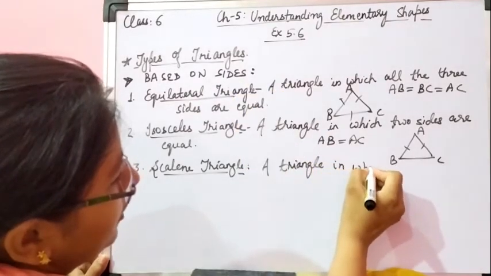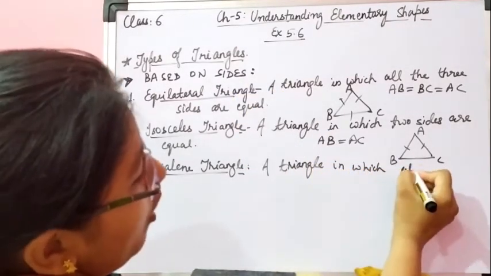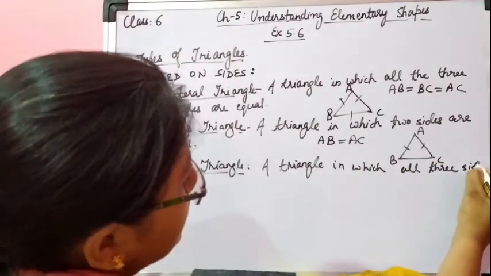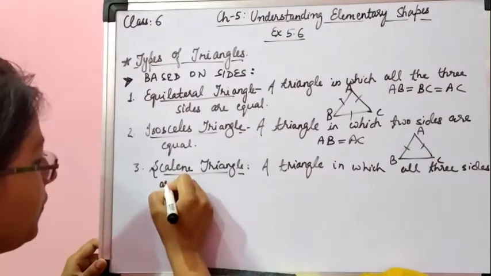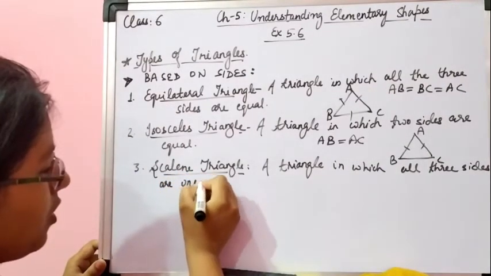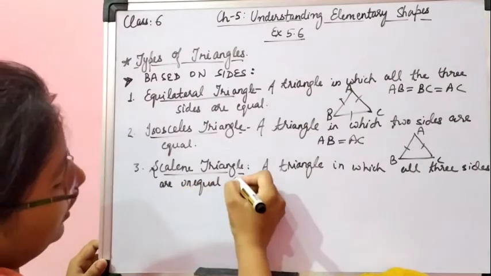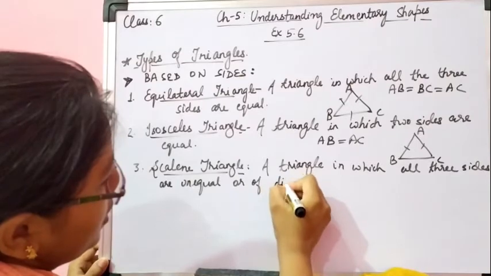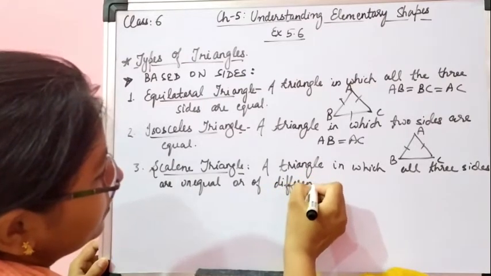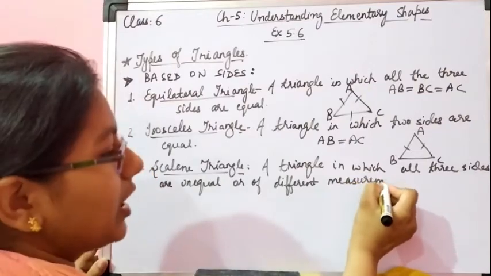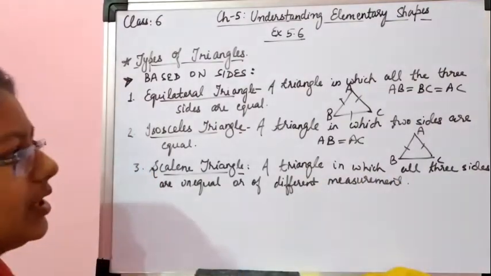A triangle in which all three sides are unequal, or of different measurement, is said to be a scalene triangle.